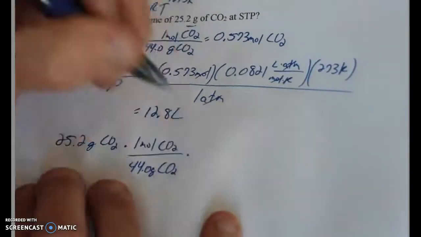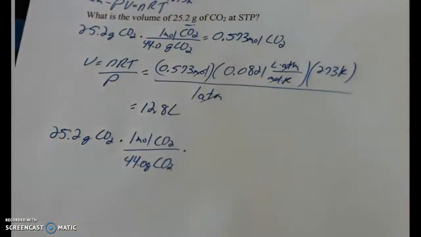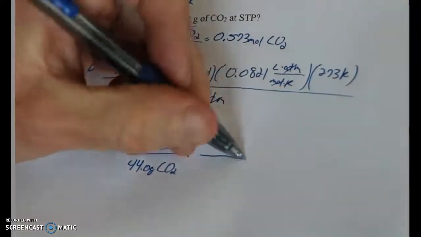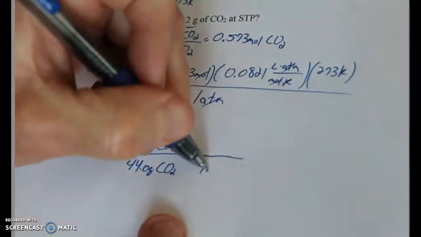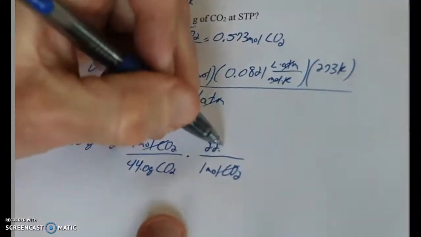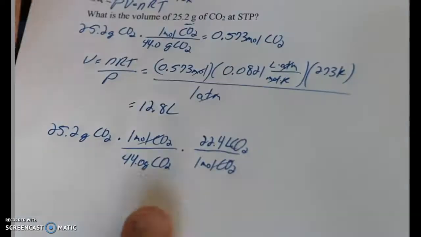Now Avogadro's law tells us that 1 mole of any gas at standard temperature and pressure is going to take up 22.4 liters of space. So what I could do is use that to set up the next conversion factor. I could put 1 mole of CO2 on the bottom because I wanted to cancel out with that one, and do 22.4 liters of CO2.